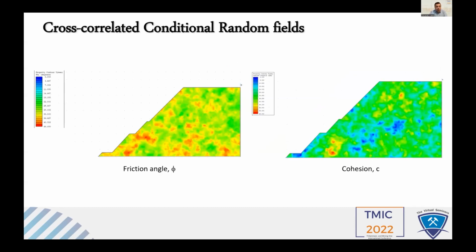Then, as I explained, using the procedure that I mentioned, we conditioned the field for friction angle. And then we used this field and the parameters that we assumed for cohesion to generate a conditioned field for cohesion. And to see if they are cross-correlated or not, you can see, for example, this red region corresponds to a blue region from friction to cohesion. So basically, low values of friction angle correspond to high values of cohesion and vice versa.